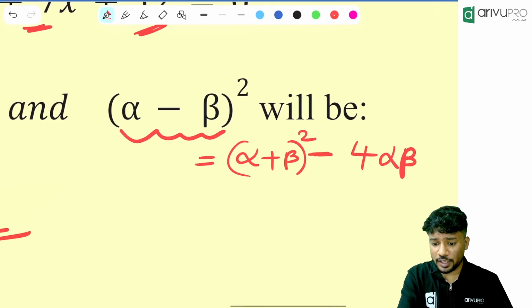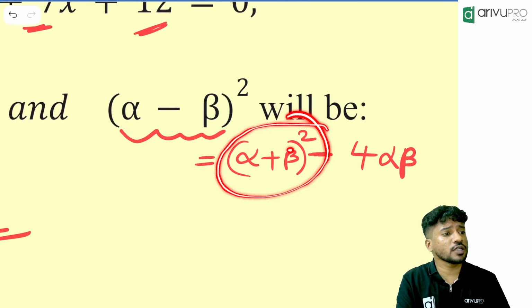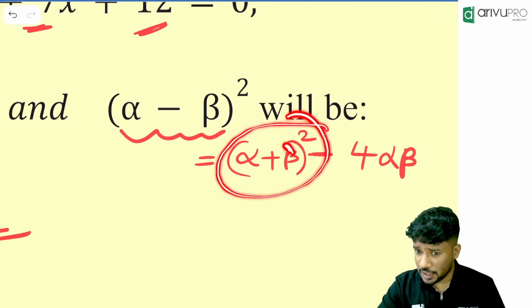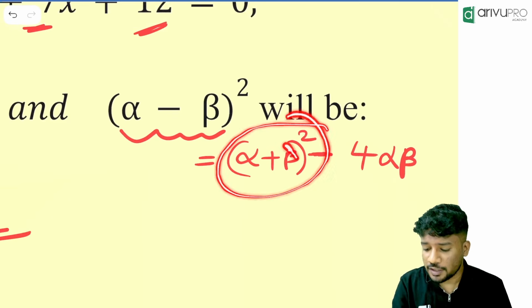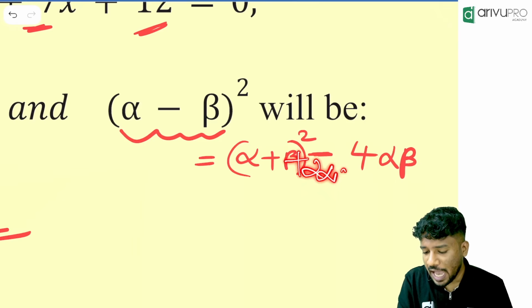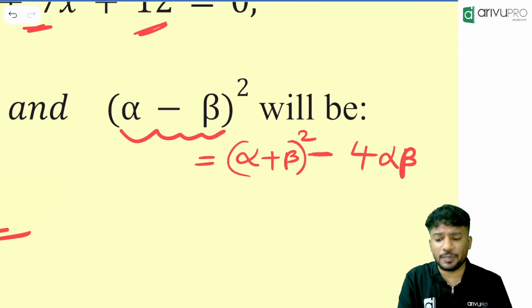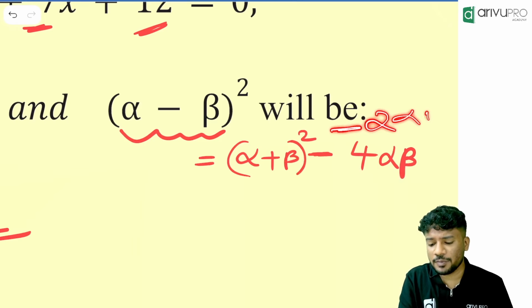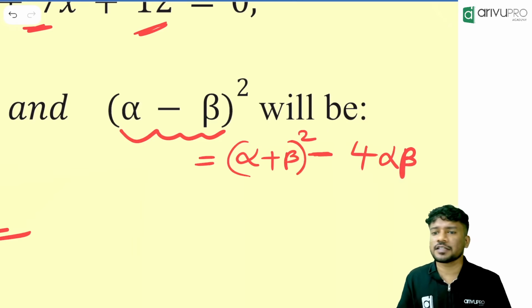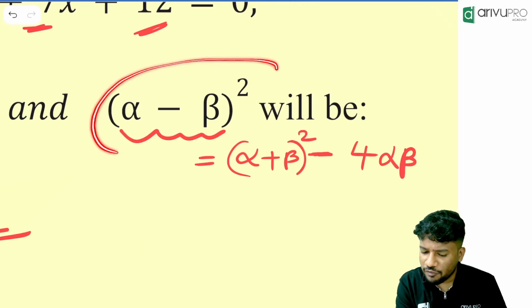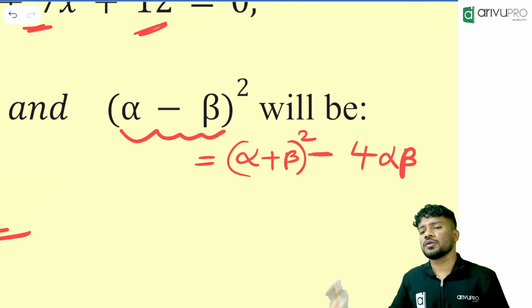Why? I'll tell you why. When you expand this, it will become alpha square plus beta square plus 2 alpha beta. So plus 2 alpha beta and minus 4 alpha beta will become minus 2 alpha beta. So alpha square plus beta square minus 2 alpha beta will become alpha minus beta the whole square.